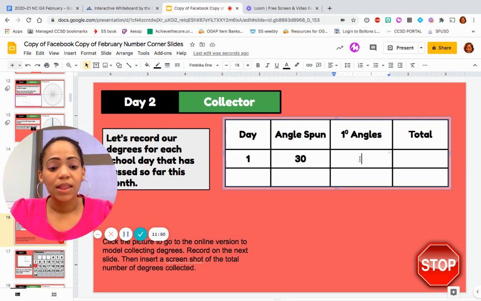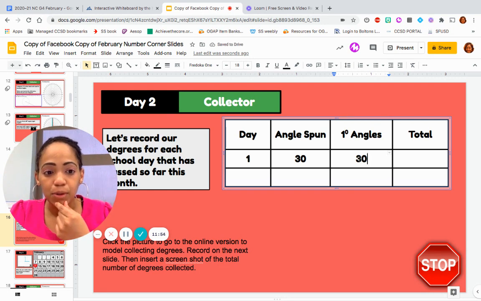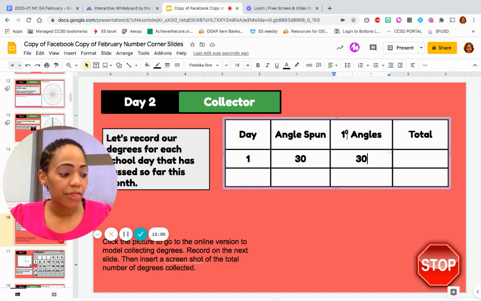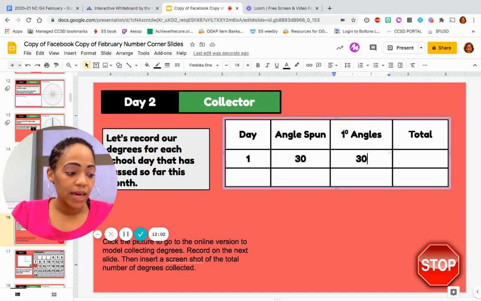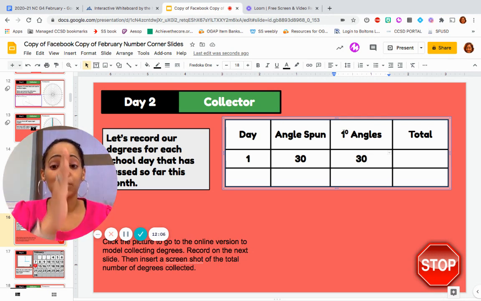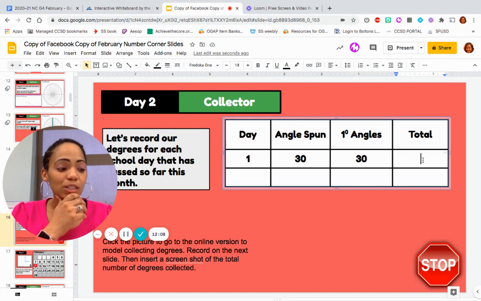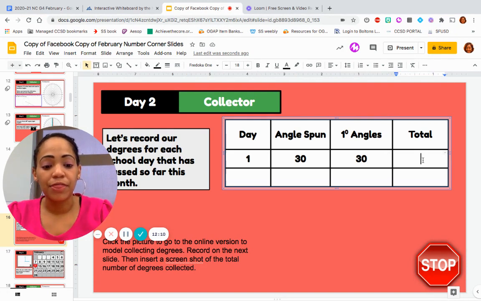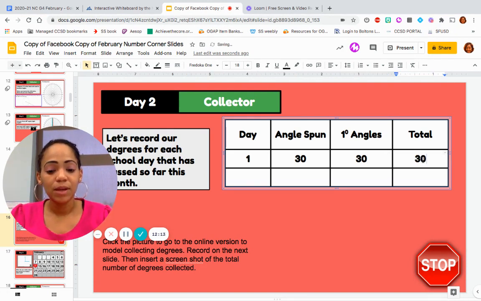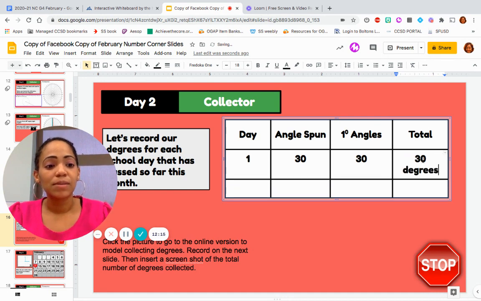I don't know how to make a degree symbol on my computer here, so just imagine that this is the degree symbol. That's saying that I have 30 1-degree angles, right? If I'm spinning 30 degrees, it's 1 plus 1 plus 1, 30 times. So my total right now is 30 degrees. Maybe I should just write the word degrees because I can't make the little symbol right now.